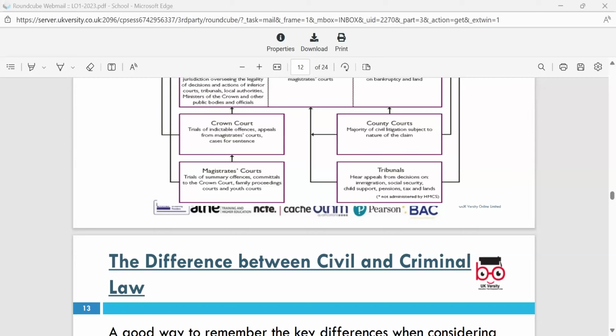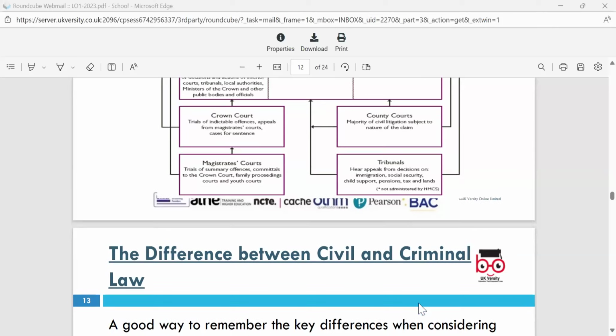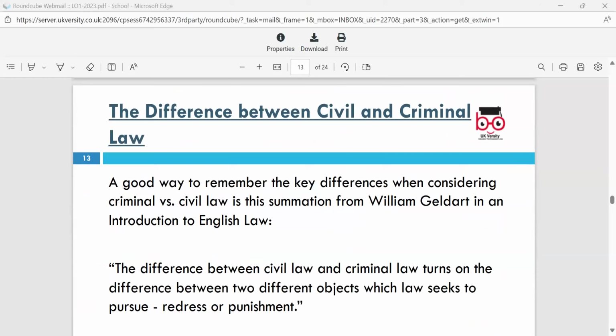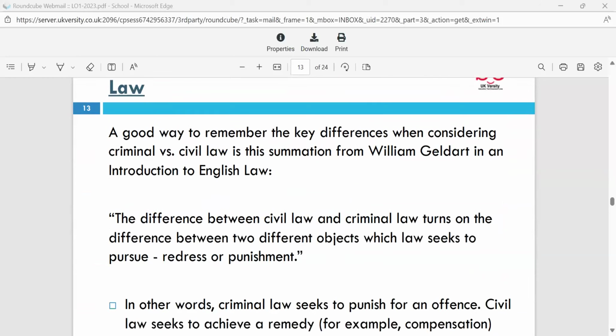For example, if you steal from your friend's shop, that's criminal law. When you commit an offence.